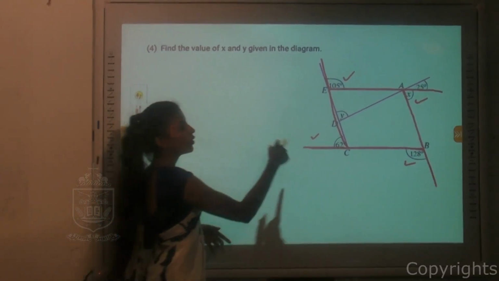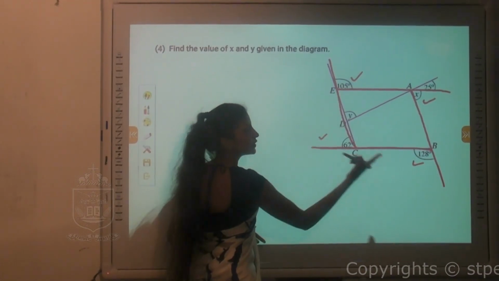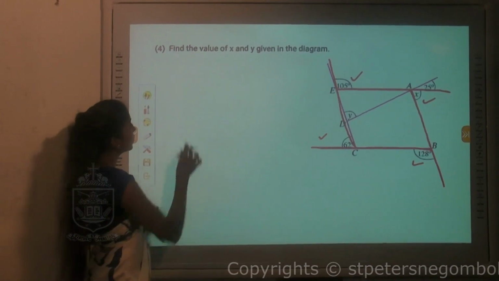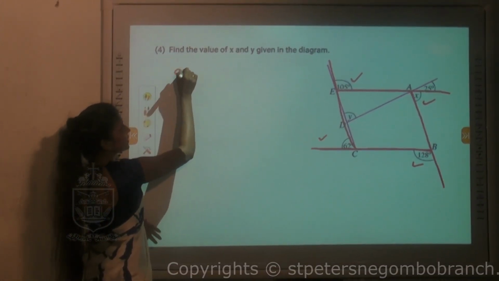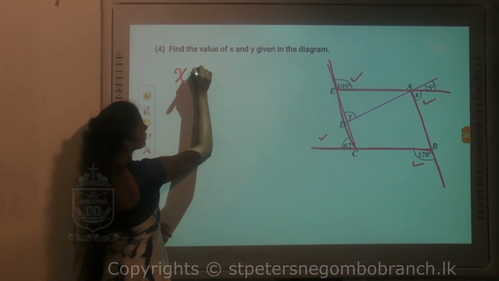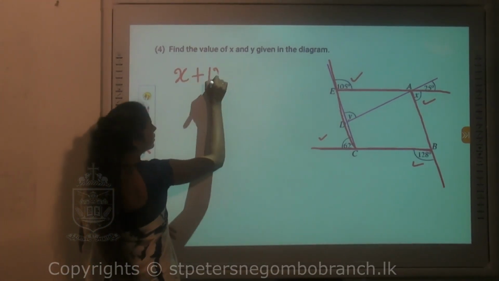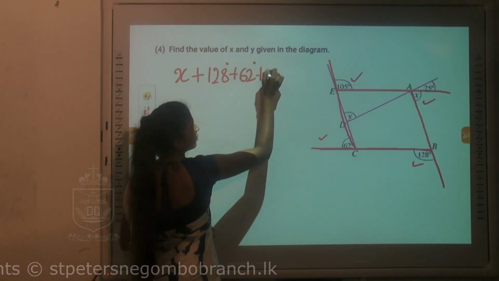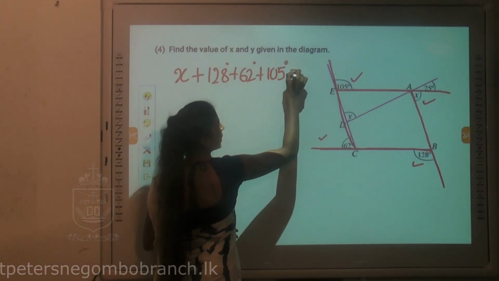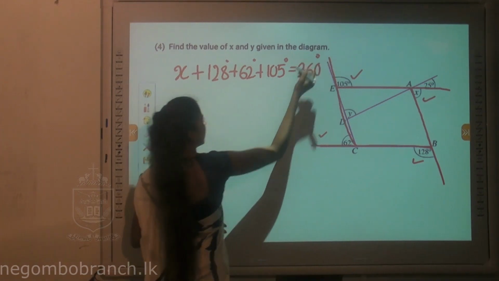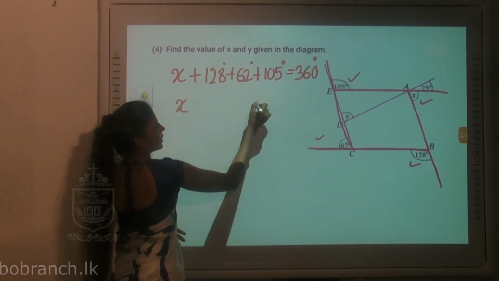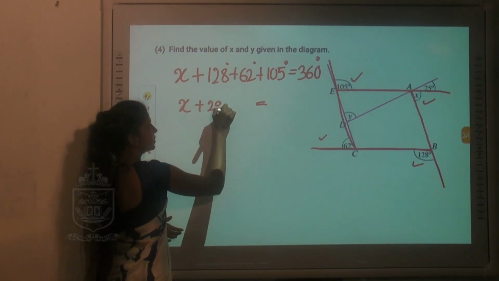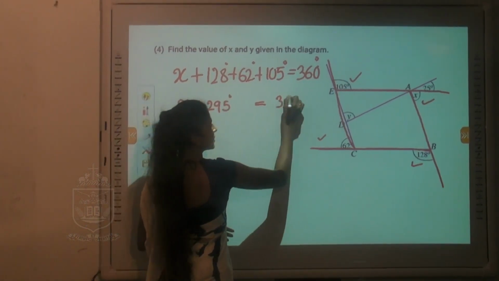So you can add all four exterior angles. The only unknown is x. Therefore, we can find x when you apply it to that quadrilateral. So let's add x plus 125, 128 plus 62 here, and then 105, added up to 360 degrees. The added value is 295 degrees here, and 360 degrees.